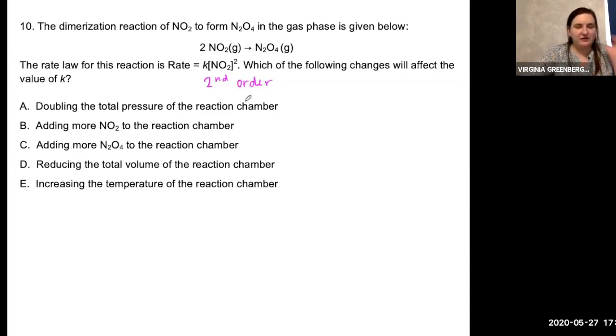They're not asking us about order, they're asking us about K. And maybe you remember that there is an equation for predicting K, the Arrhenius equation, which is A times e to the negative Ea over RT. We haven't talked too much about A, but it's called the Arrhenius factor. It's a statistical term, so it's specific for each reaction, and it predicts how likely a particular collision is to have enough energy in the right orientation and so on.